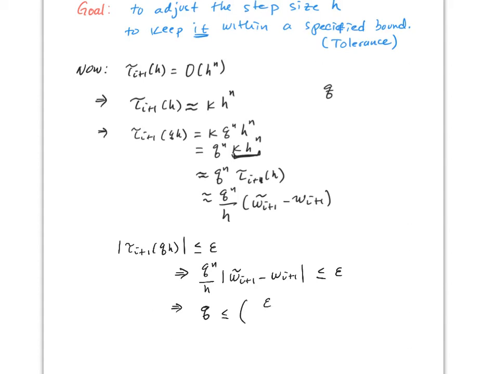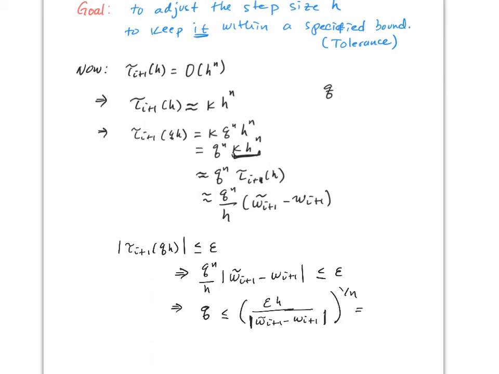This will be epsilon h over the absolute value of w i plus 1 tilde minus w i plus 1, remember that the first one is tilde, everything to the 1 over n power.